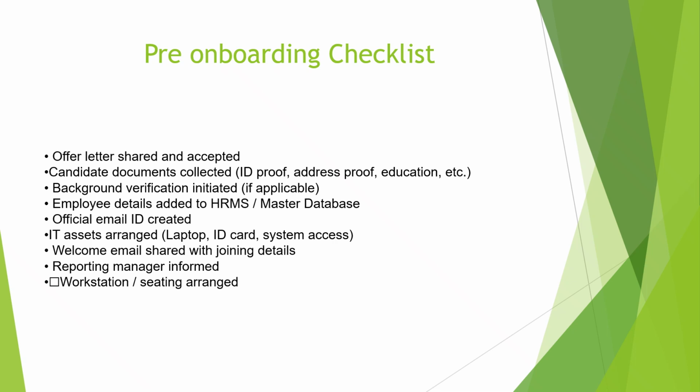Second thing, candidate documents collected, like ID proof, address proof, education. In ID proof, we need to collect the Aadhaar card and PAN card, the candidate's identity proof, which must be collected. Second, their address proof. That might be included in the Aadhaar, so it doesn't need to be collected separately, but sometimes if necessary, you can collect it from the candidate.